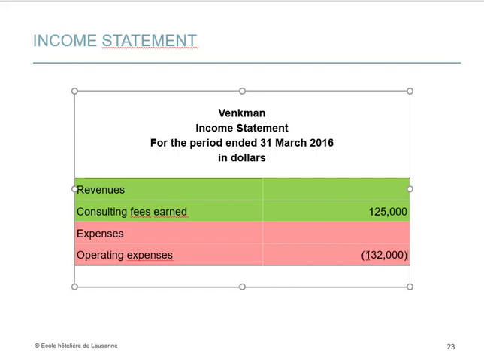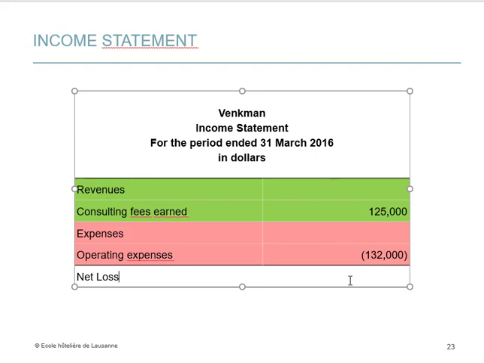I put the 132,000 in brackets. Why? Because if I want to represent that we subtract this amount, I always put it in brackets. We see that our expenses exceed our revenues, so it means that we spent more than we earned. In this case we are getting a net loss.